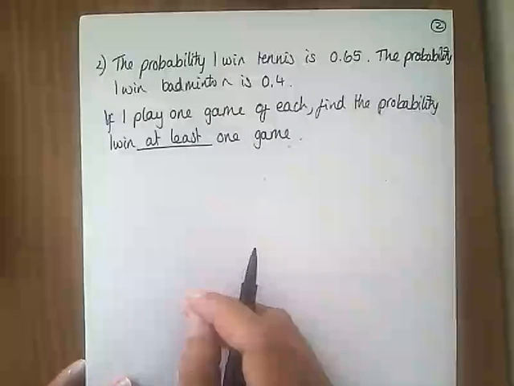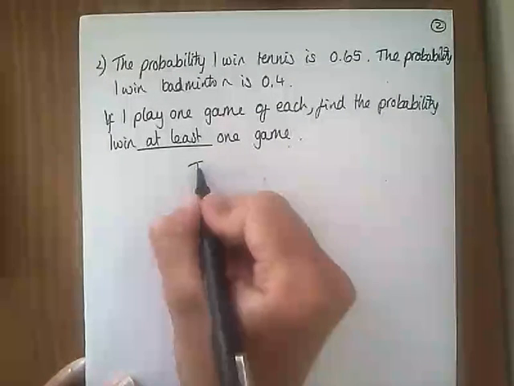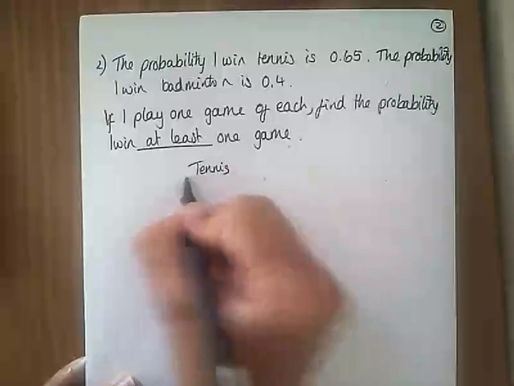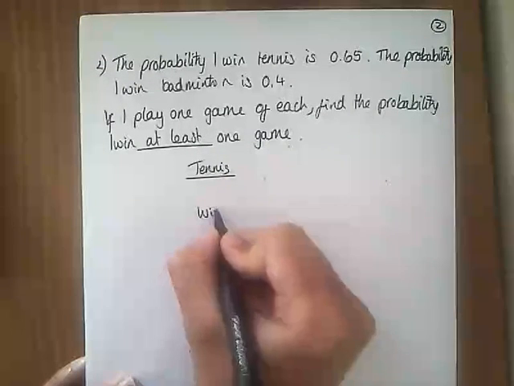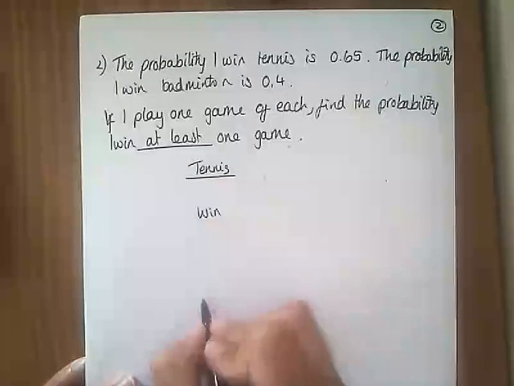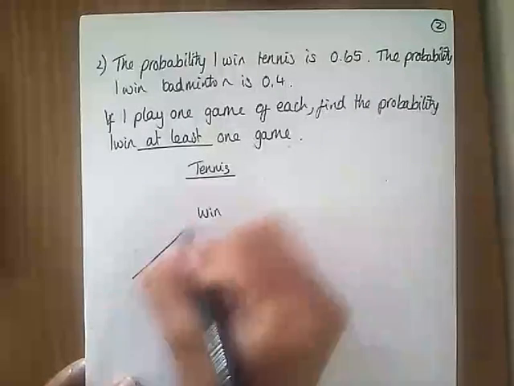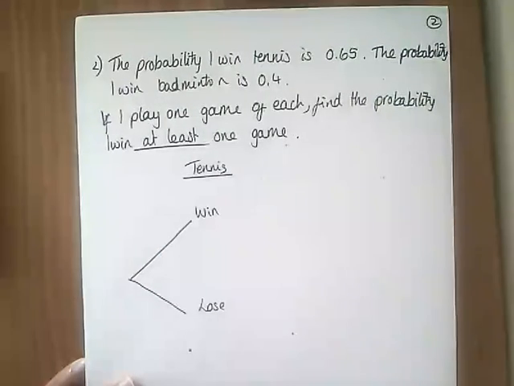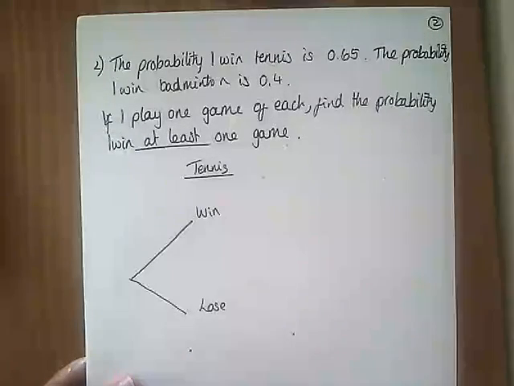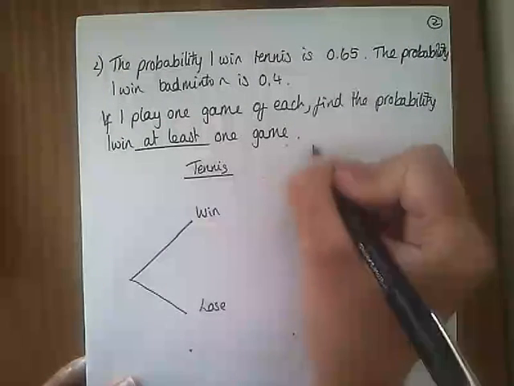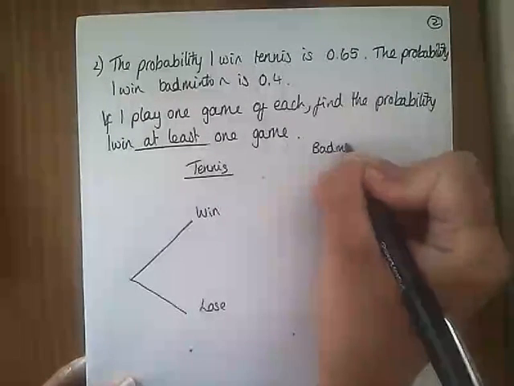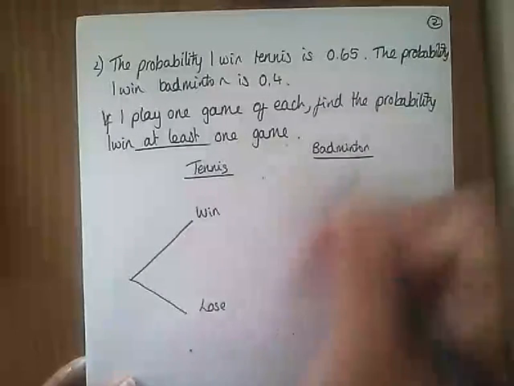So when I play tennis, the only 2 things that can happen is either I win or I don't win, i.e. I lose. When I play badminton, I can still either win or lose.